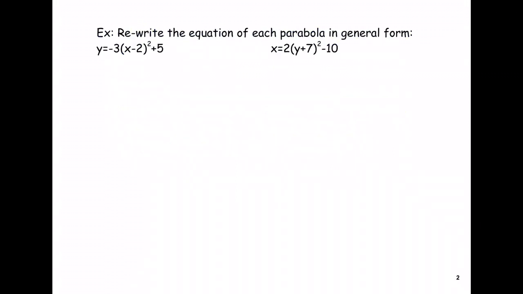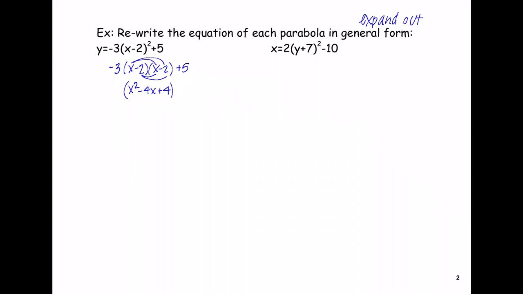The first example says rewrite the equation of each parabola in general form. So remember, general form is when we want to expand everything out. So when we have a quantity squared, that means we have two of them, x minus 2 times x minus 2. I'm going to distribute that out first. x times x is x squared, negative 2x twice gives me negative 4x, negative 2 times negative 2 is positive 4.